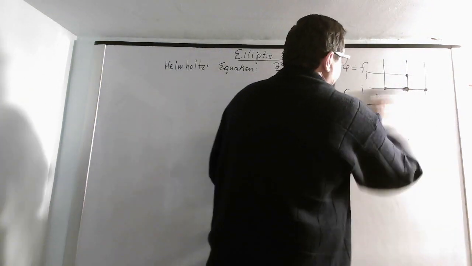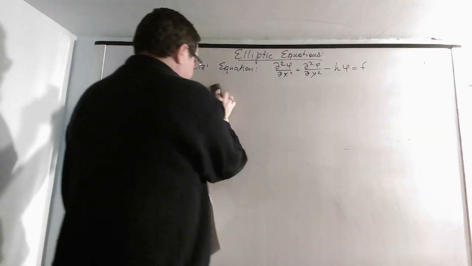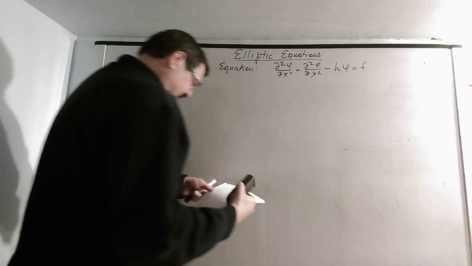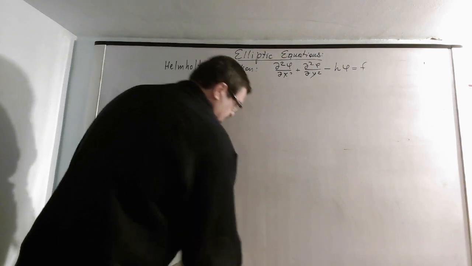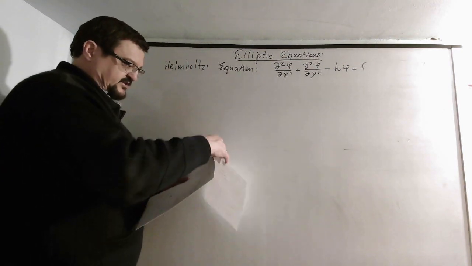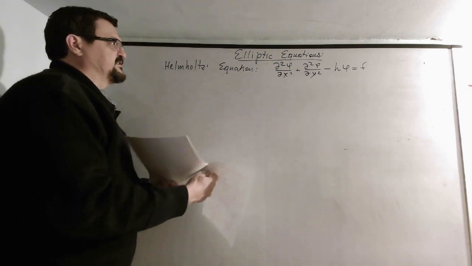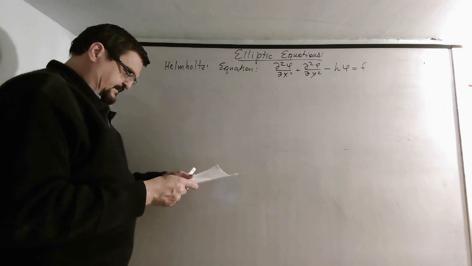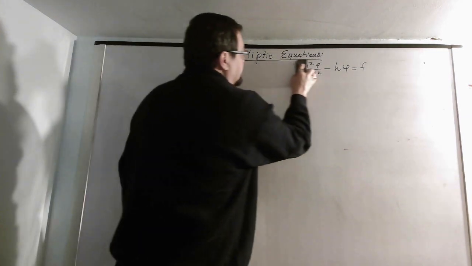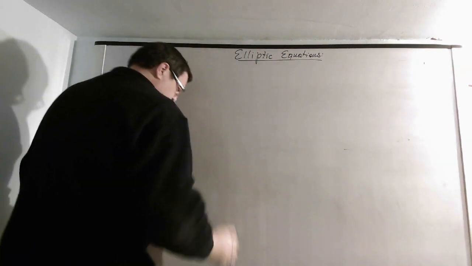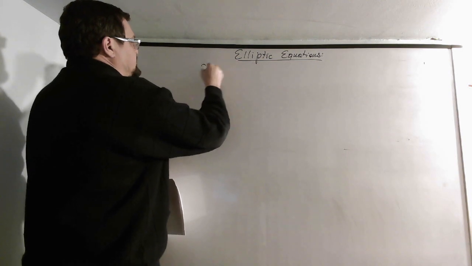So let's consider a two-dimensional, just theoretical case of, say, the Poisson equation. Let's consider the Poisson equation for simplicity. For the Poisson equation, you have the following equation.